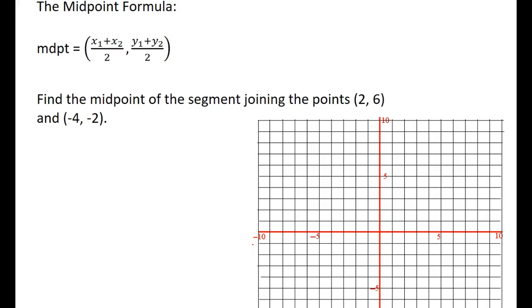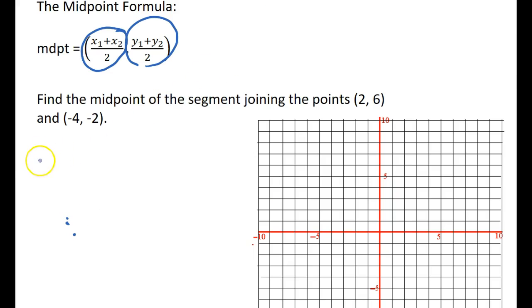And finally, let's look at the midpoint formula. And I like to think of the midpoint formula as just averaging the x coordinates. So I'm going to add x coordinates and divide by 2, and averaging the y coordinates. Add the y coordinates and divide by 2. So here we've got 2 points, 2, 6, and -4, -2.